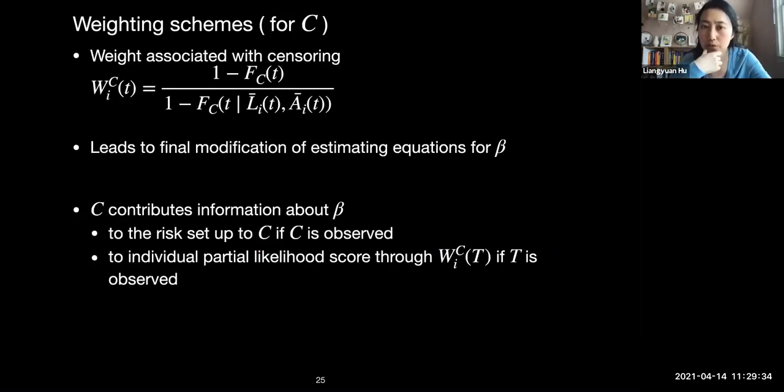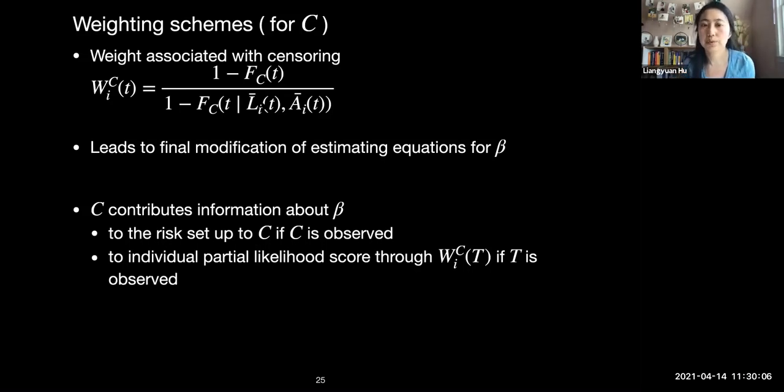Then for censoring, we have to make a similar assumption and use similar techniques as for A. The time-varying weight for censoring, for those who remain in the study by time T, is the marginal survival function over the conditional survival function. This leads to the final modification of the estimating equation.